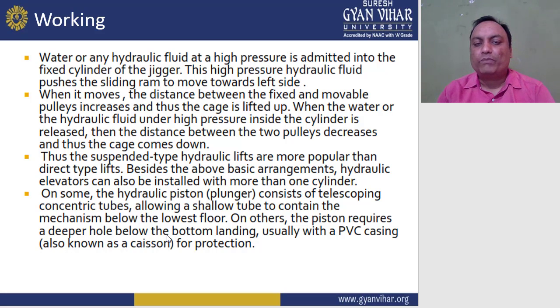Thus, the suspended type of hydraulic lift is more popular than the direct type lift. Besides the above basic arrangement, a hydraulic elevator can also be installed with more than one cylinder, and on some of the hydraulic pistons, the plunger consists of telescoping concentric tubes, allowing a shallow tube to contain the mechanism below the lowest floor.